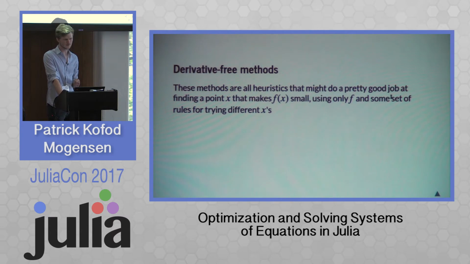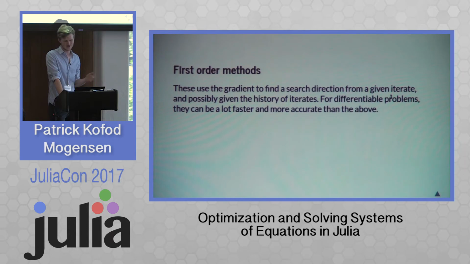All right. So as I said, derivative-free methods may sometimes seem a bit weird, but sometimes they do a good job, and sometimes they don't. Then we have the first-order methods. They are usually much more efficient if you have a differentiable problem, but it may not be the case. But they will often be a lot faster and more accurate.